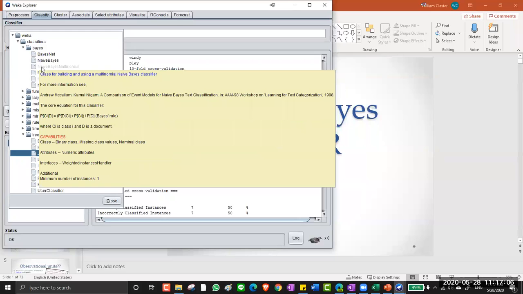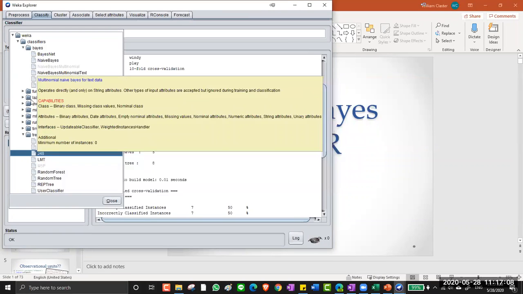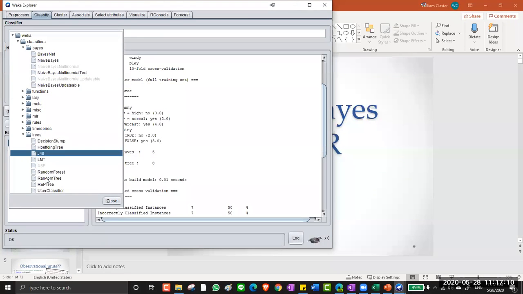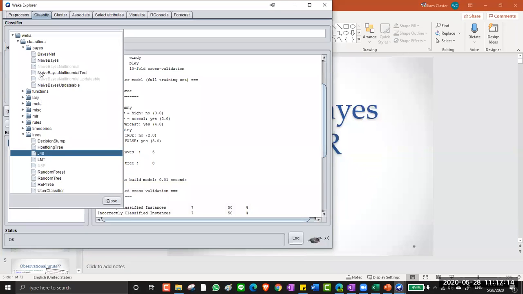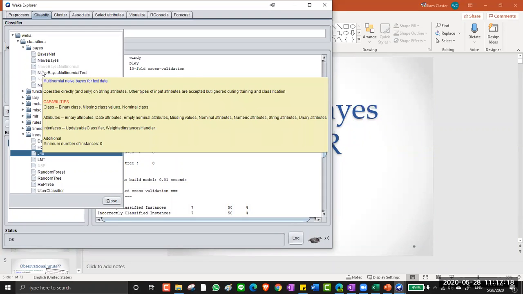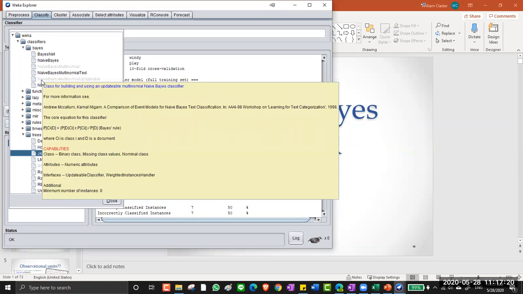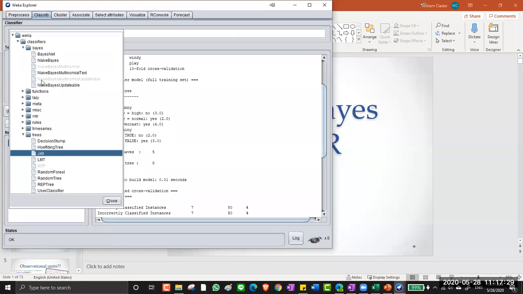By the way, in Weka, you'll see these lists of algorithms. Some of them are grayed out. What that means is that they're not appropriate for the particular data set that we have. Like in our case right now, I'm looking at the weather nominal. Everything is nominal, right?